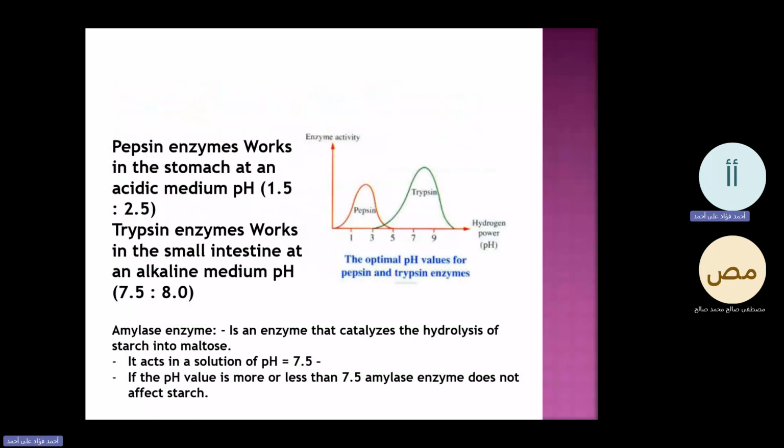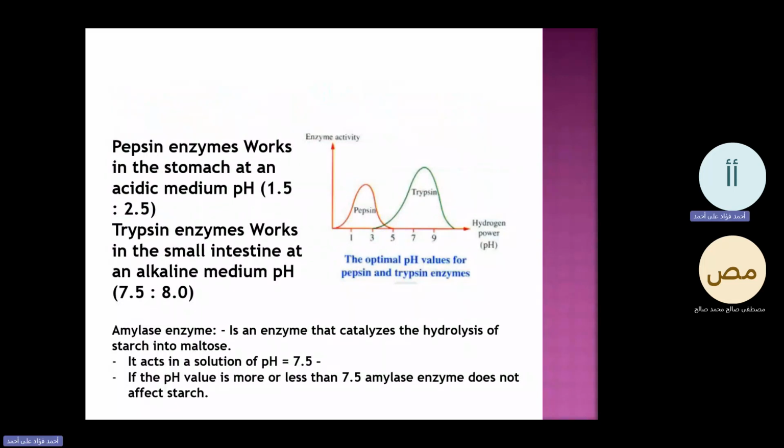As you see here, this is the relation between the enzyme activity and the pH value. زي ما انت شايف كده ان البيبسين works الاوبتيمم ديجري بتاعت البيبسين بتبقى عند كام؟ عن ما بين 1.5 to 2.5 يعني مثلا كده. يعني معنى كده ان البيبسين انزيم ده which works on protein in stomach works in an acidic medium.